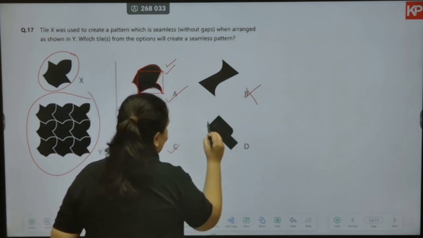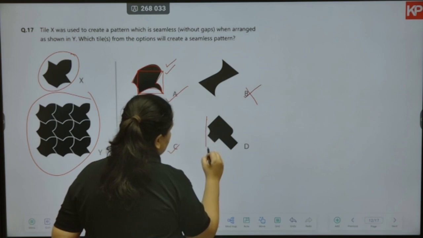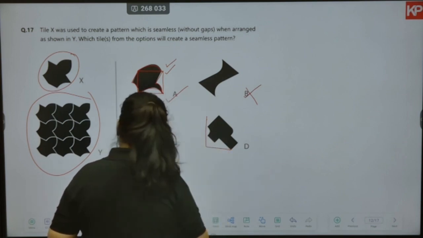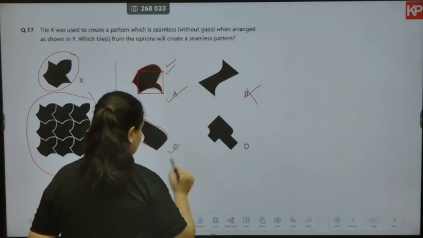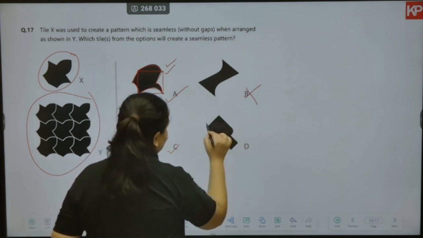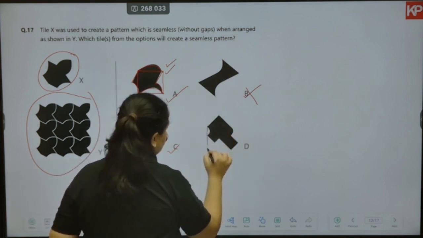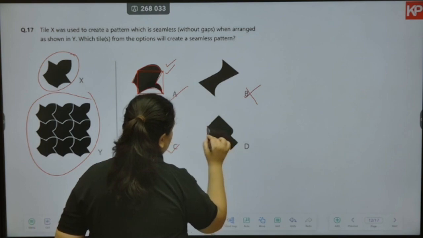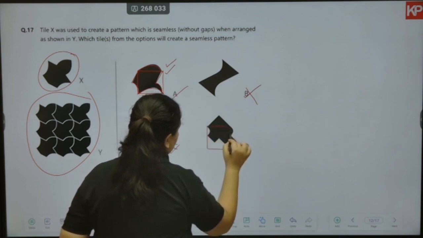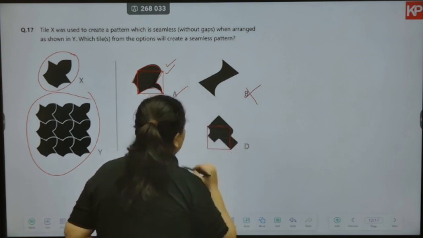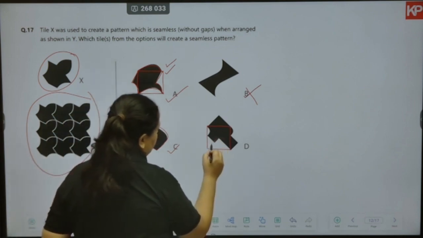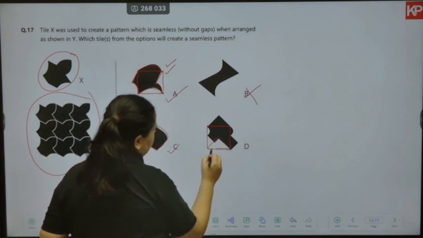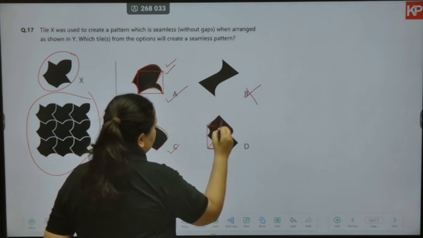Let's try and draw a square around this, and let's check what is happening. We are deducting a triangle from here and we are adding this triangle here.